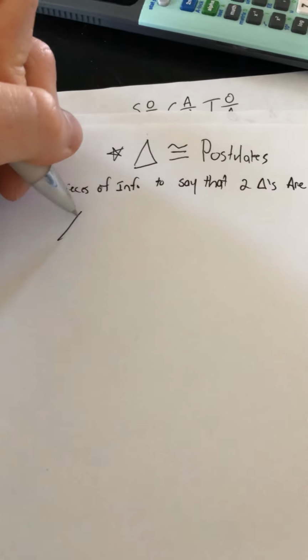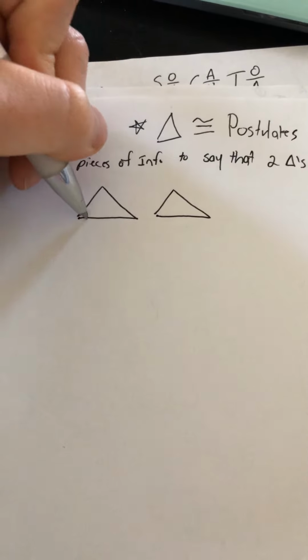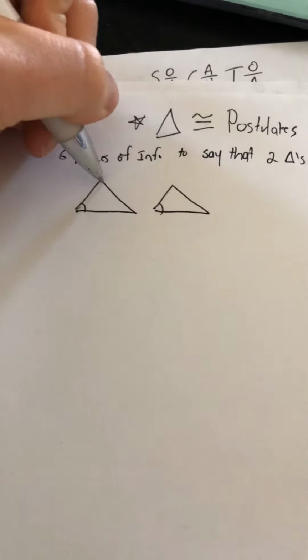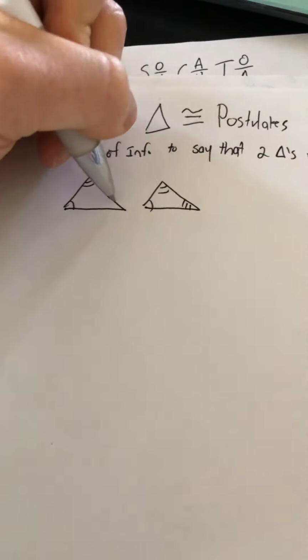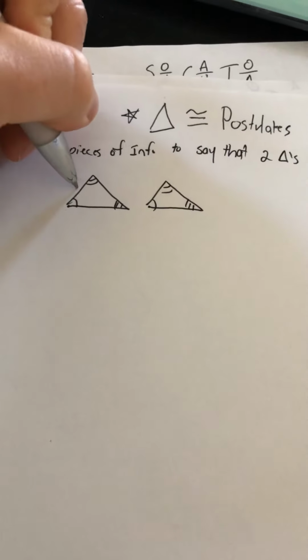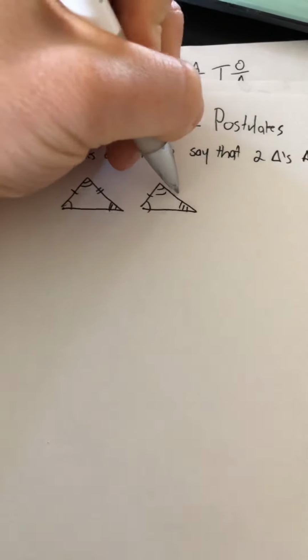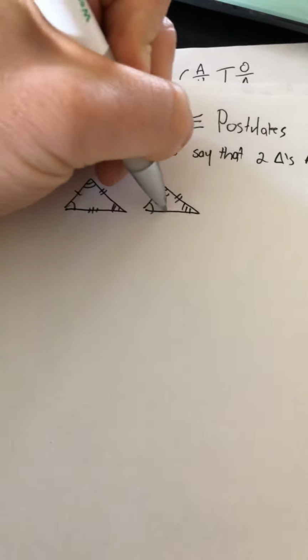Okay, so if I draw my little triangles here, we would need to know that this angle is congruent to that one. Those 2 are congruent. Those 2 are congruent. And the sides we'd also have to know.